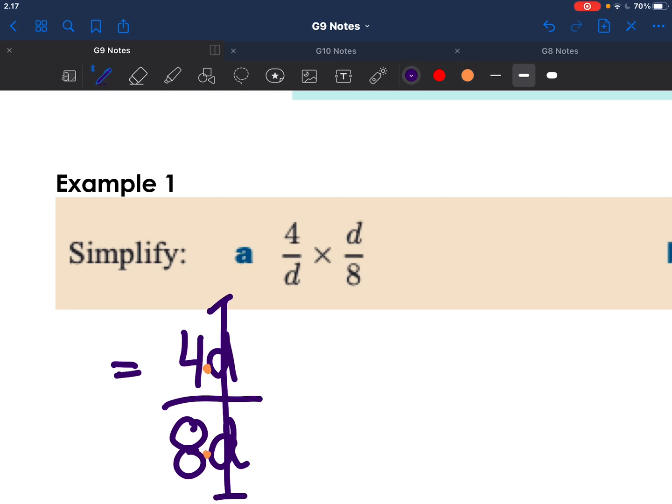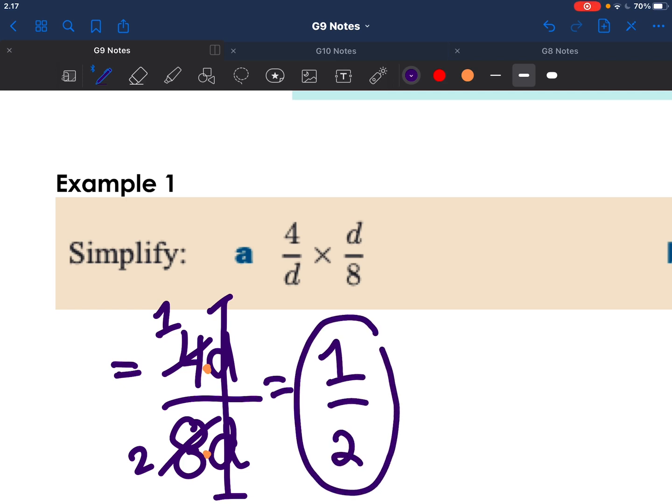And 4 and 8: 4 goes into 4 once, 4 goes into 8 twice, so this is 1/2. Alright, and look at something here. As you guys can see, with multiplication, it's okay when you cancel it this way. You can cancel it early because it's multiplication. And 1 times 1, so that's 1/2.